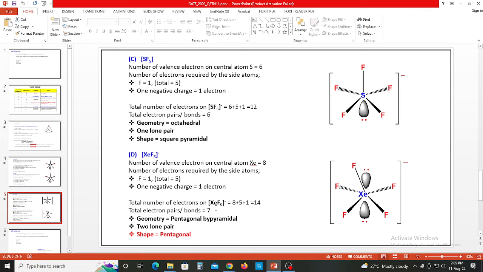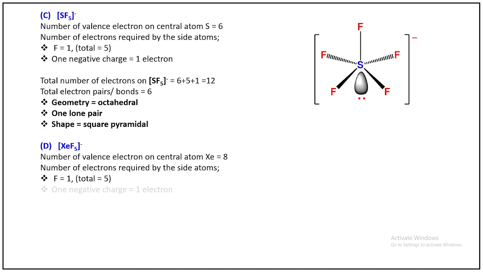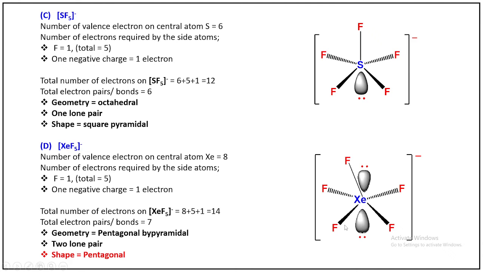First, what we found is the total number of electron pairs, which is 7. 7 means we will have a geometry of pentagonal bipyramidal. In this, now we have to find how many lone pairs are there.